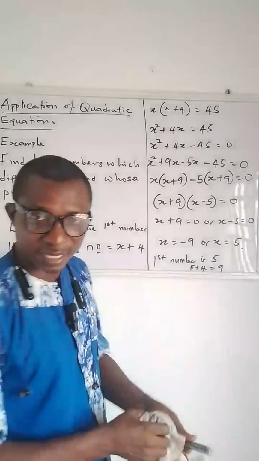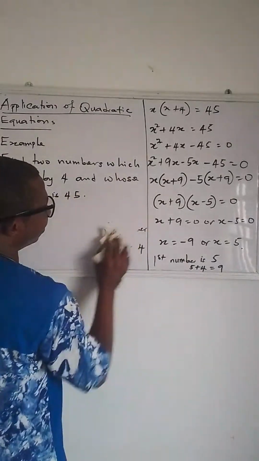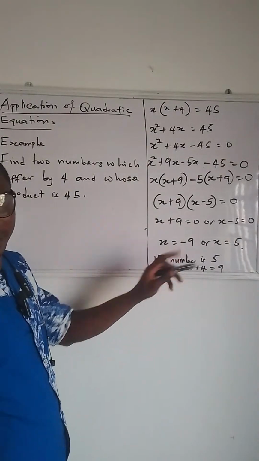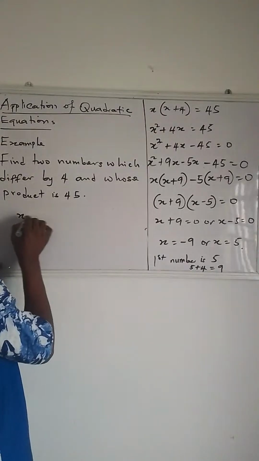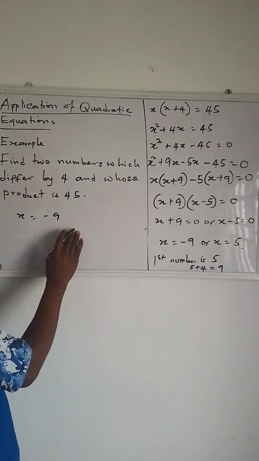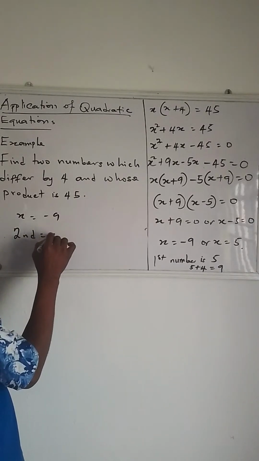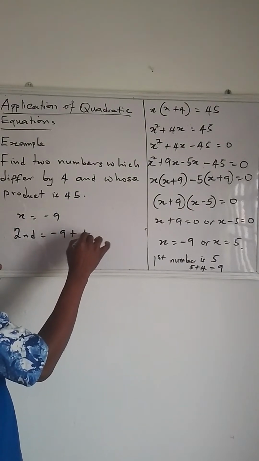Now, let's look at the negative part and see what we have. Suppose x is minus 9, which is the first number. So the second number will now be x plus 4, that's minus 9 plus 4.